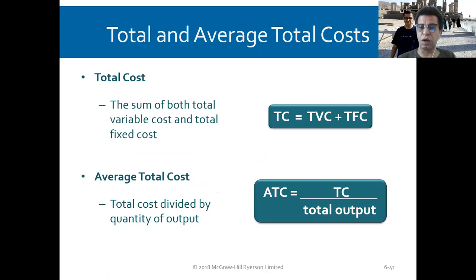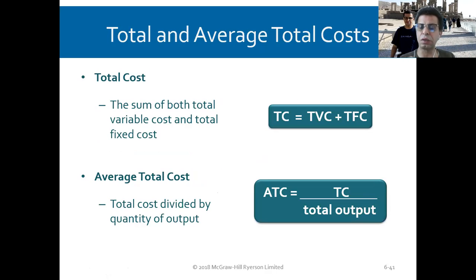To get the total cost, we know it is the total fixed cost plus the total variable cost. Your fixed cost is your place and the cooking equipment that you have to buy, whether you're going to cook or not.